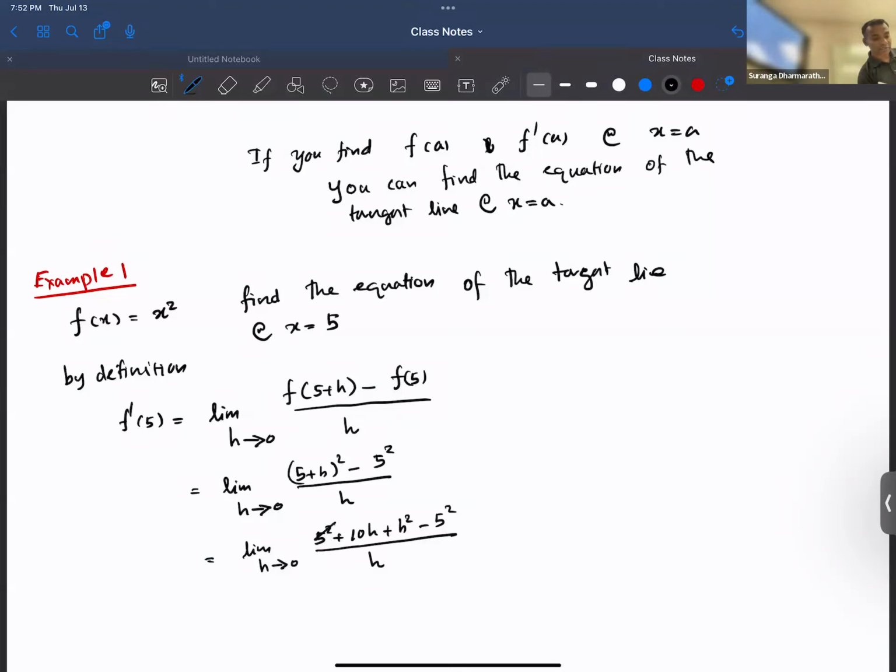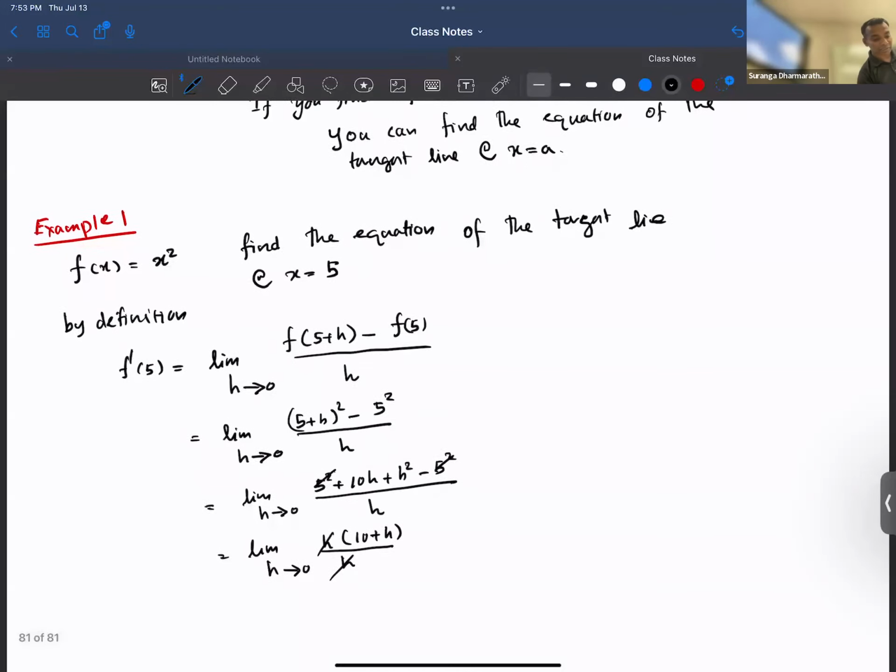Okay, now I can cancel the 5 squared, right? Then you can take out 1 h from the numerator. Limit h goes to 0, take h, that's 10 plus h divided by h. Then you can cancel these two, right?